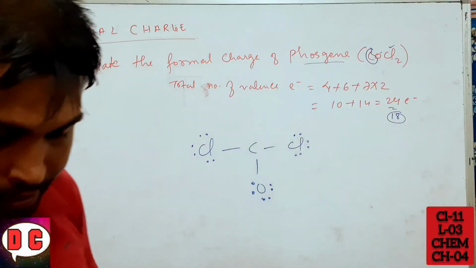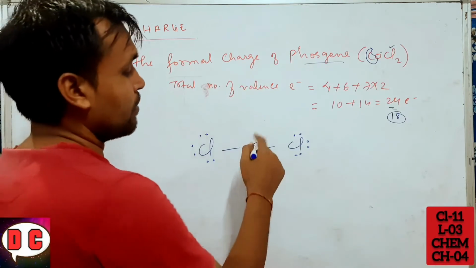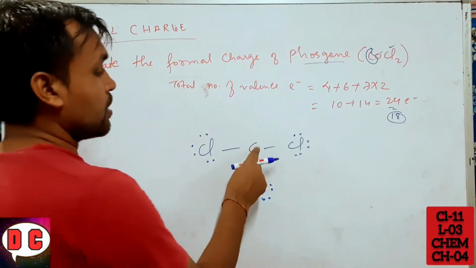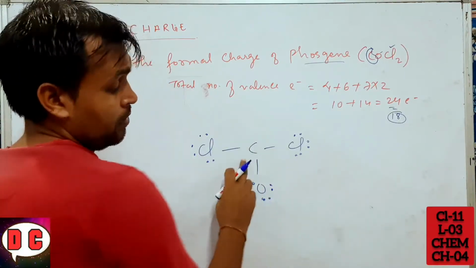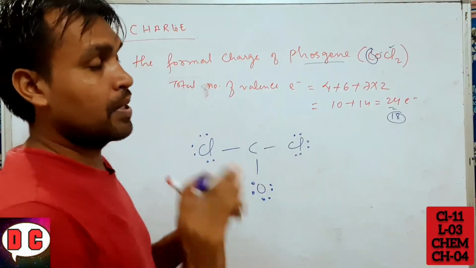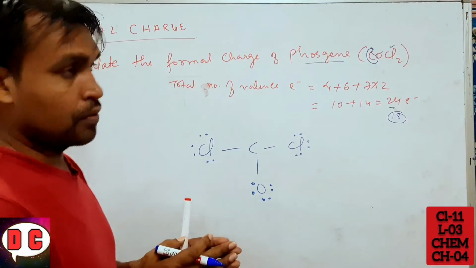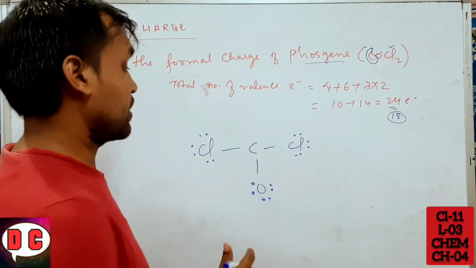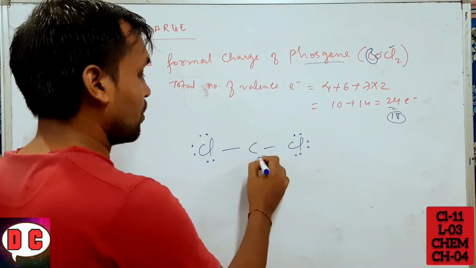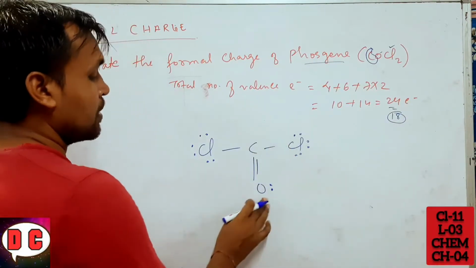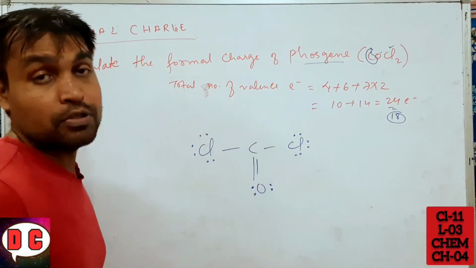Now we don't have any extra electrons. So the next step is what? We have to check the octet of the central atom. The central atom is carbon. 1, 2, 3, only 6 electrons it has, but as per the Lewis octet rule, we should have 8 electrons in the outermost shell. So carbon will form a double bond with the oxygen, and it will now have how many electrons? 2, 4, 6, 8, 8 electrons it has.